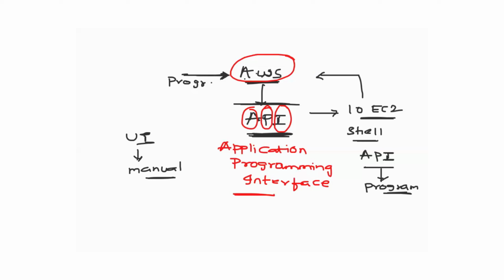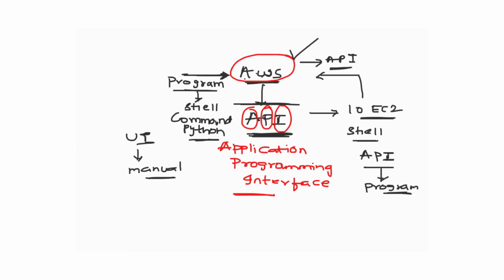This program can be your shell script, or a command line interface that is designed by someone, or Python code or anything. What AWS has done, to make life easy for DevOps engineers or infrastructure management engineers, is introduce the API.